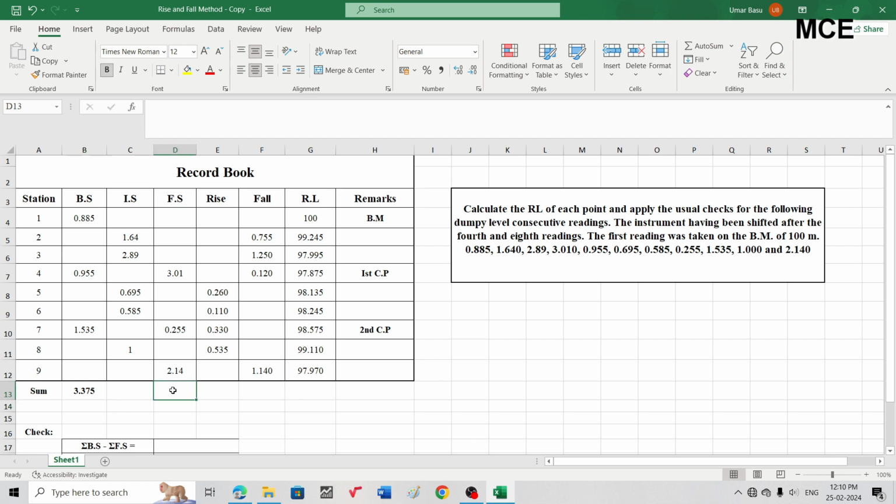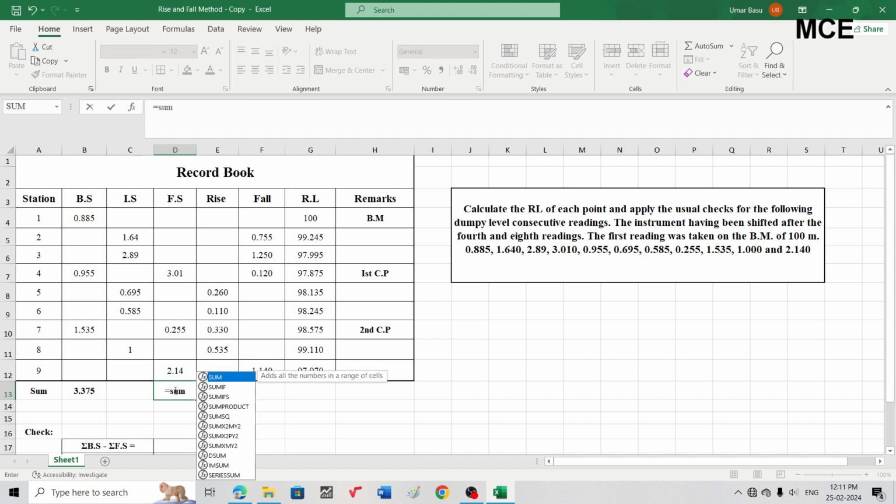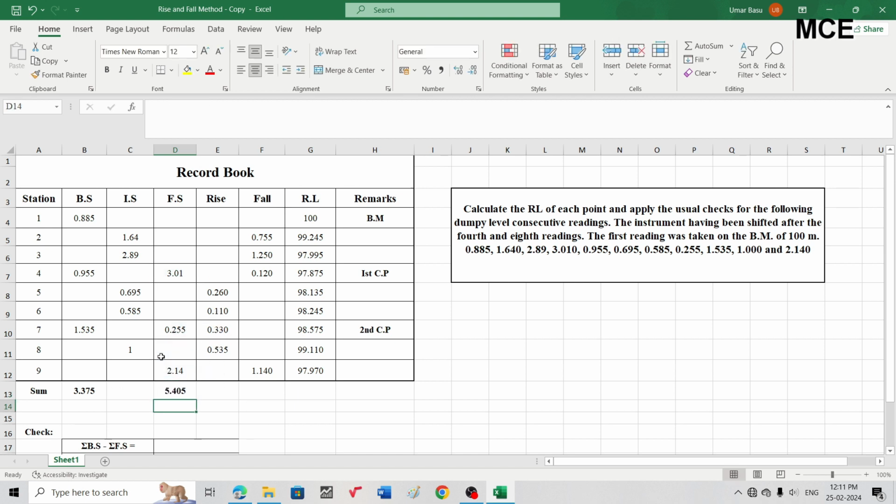Similarly for foresides, like the last row of the foreside column, write equal sign, then write SUM, write bracket and take the sum of these readings, close the bracket, and you will get the summation of foresides. For rise, take also the summation, that is write equal sign, then write SUM, then bracket, and take the sum of these readings, close the bracket and press enter, and you will get the summation of rise.